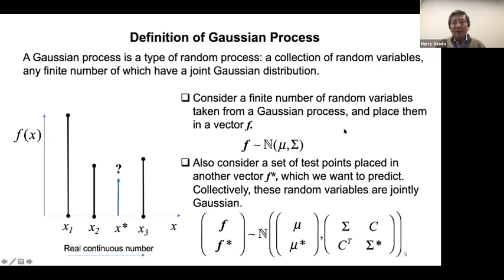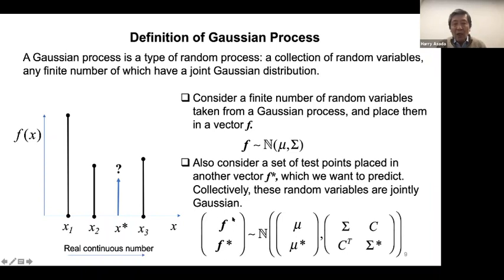Now what we would like to do is not just deal with the points which we observed, the data, but we would like to predict something new, right? So we put together the data points, which are basically training data points, and then something we would like to investigate, test points. And then as before, we put the test points into this F star, and F is something that we have already observed.